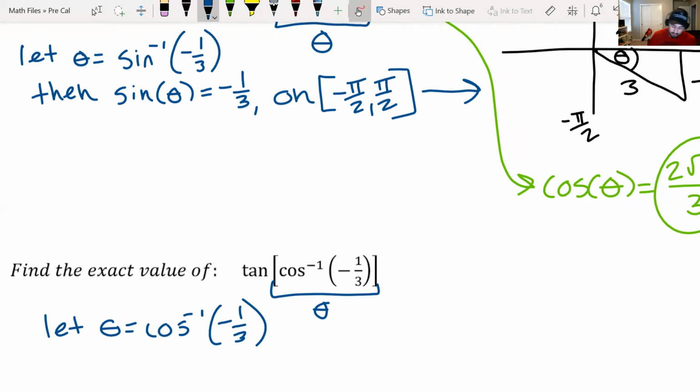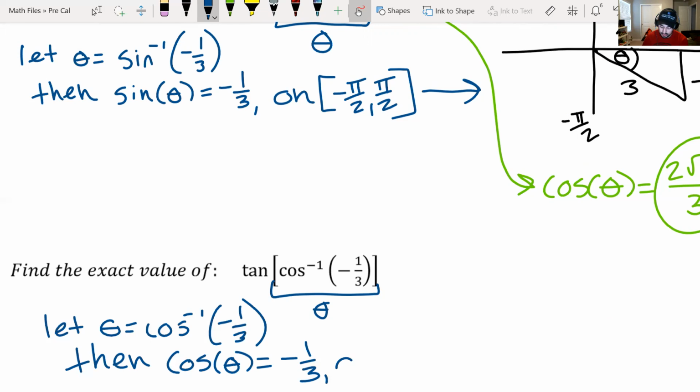Okay. Then, of course, compose both sides with cosine. Cosine theta equals -1/3. But this can only happen on the inverse cosine restrictions, so this can only happen on 0 to pi.